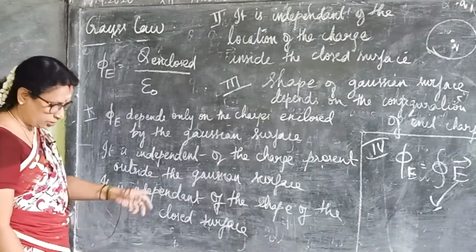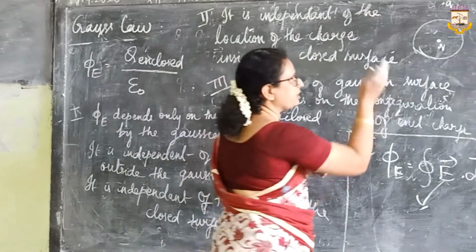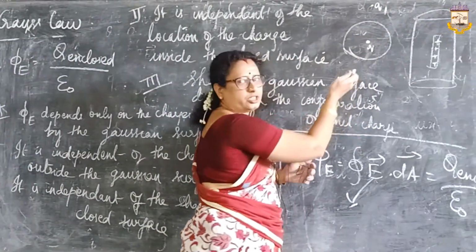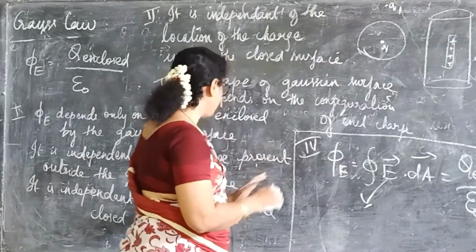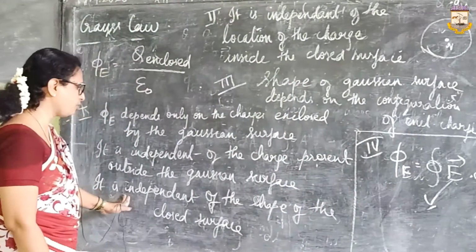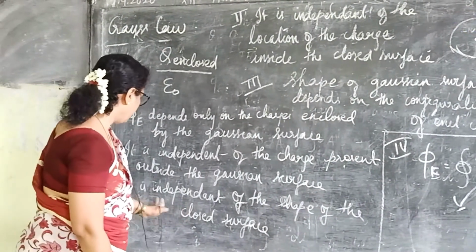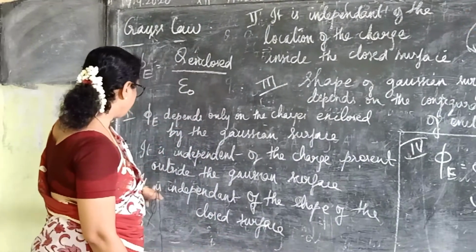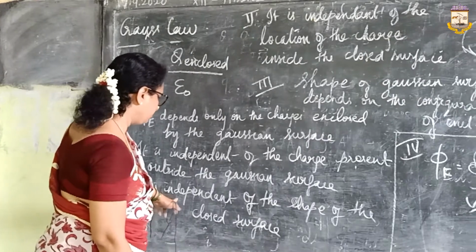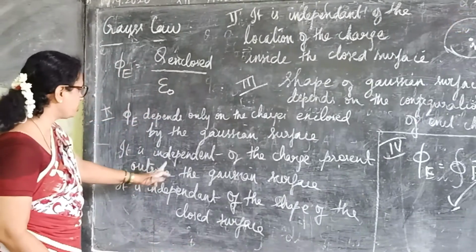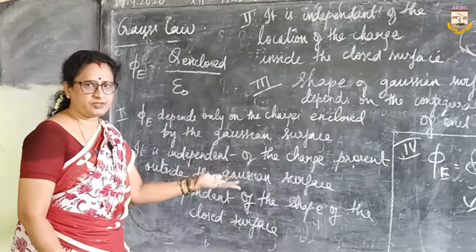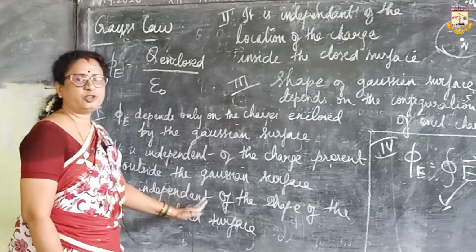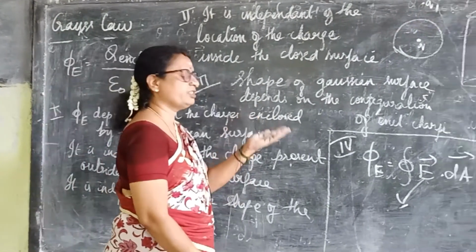And also, the charge which is present inside the Gaussian surface may be located anywhere inside the closed surface. The flux is independent of the location of the charge which is present inside the closed surface, and also independent of the shape of the closed surface, which we have discussed already.